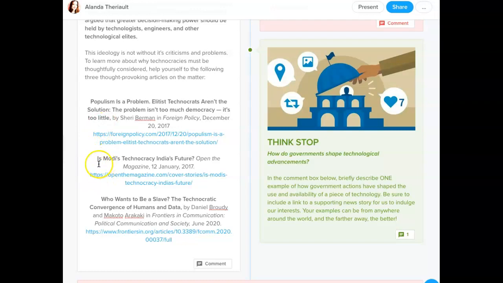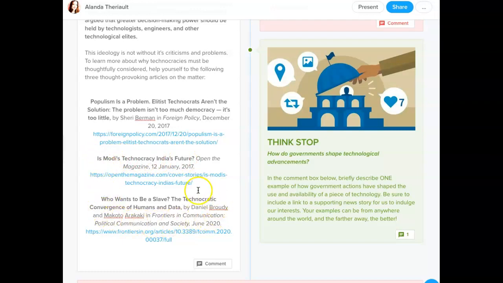There's a riveting example about the Indian Prime Minister Modi, who is a technocrat by trade and is now one of the leaders of India, of modern India. So there's a really great piece there.